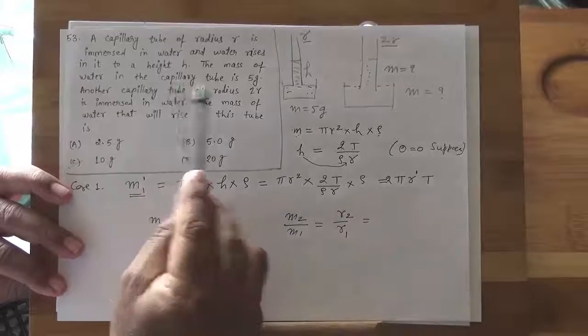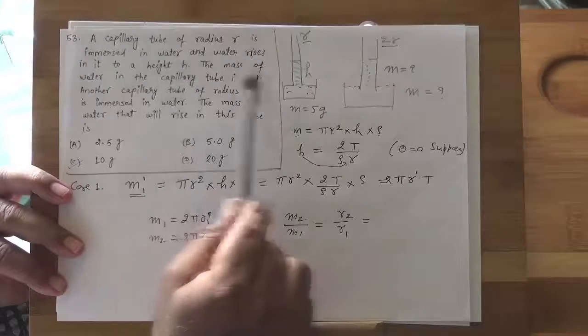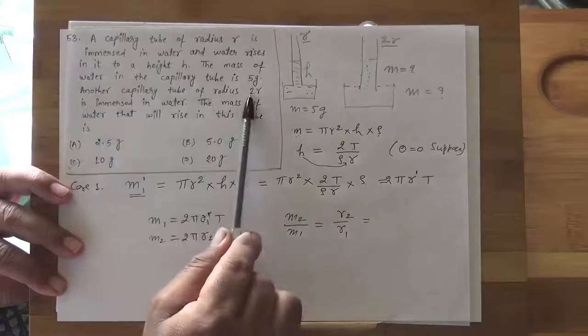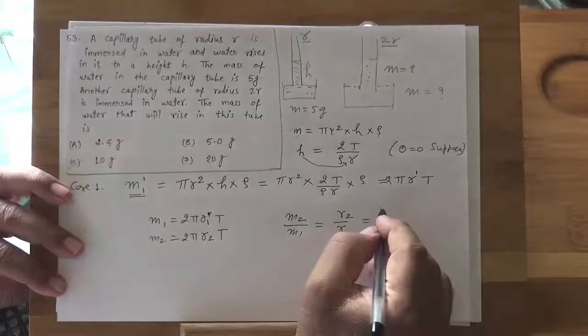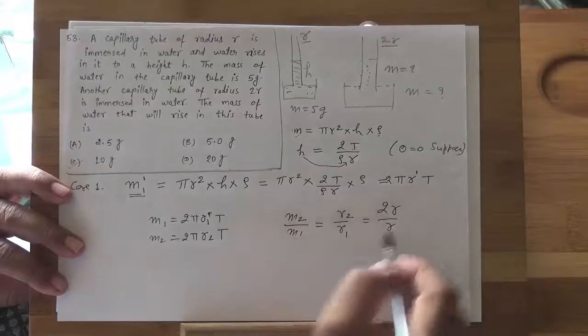And here R2 is given to us, it is 2R, so 2R upon R, and M1 is also given to us.